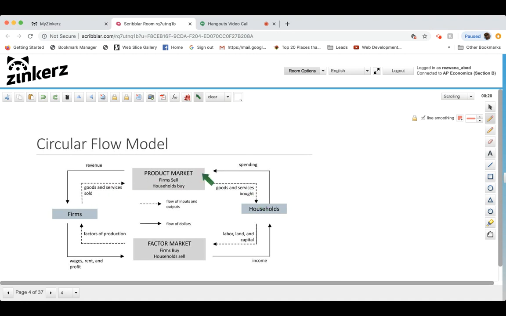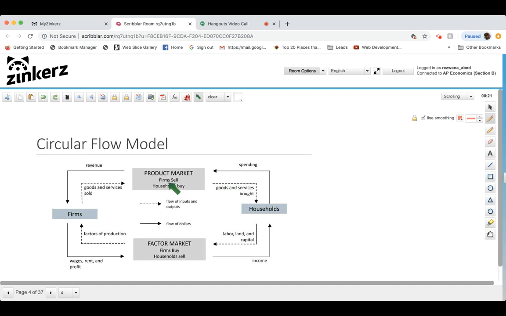Households also sell something to firms, which are the factors of production. Households sell labor, land, capital, entrepreneurship, all these factors of production to firms in the factor market. Firms then use these factors of production to make the goods and services that they can sell in the product market. So it's one loop, right?